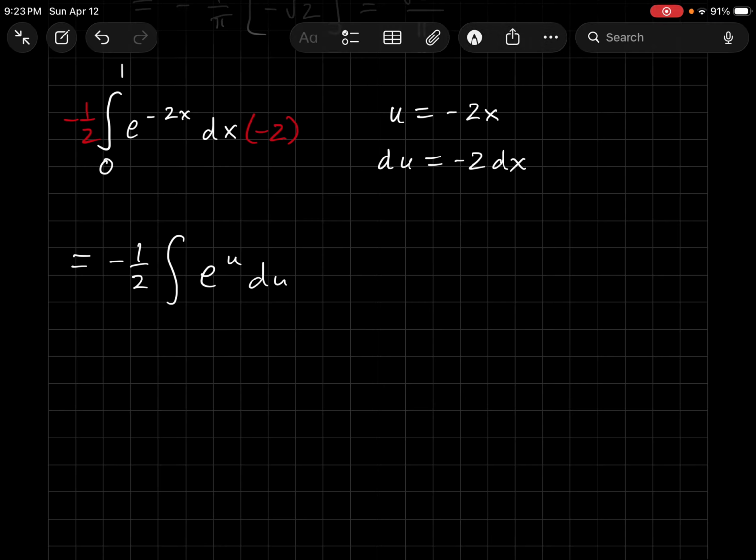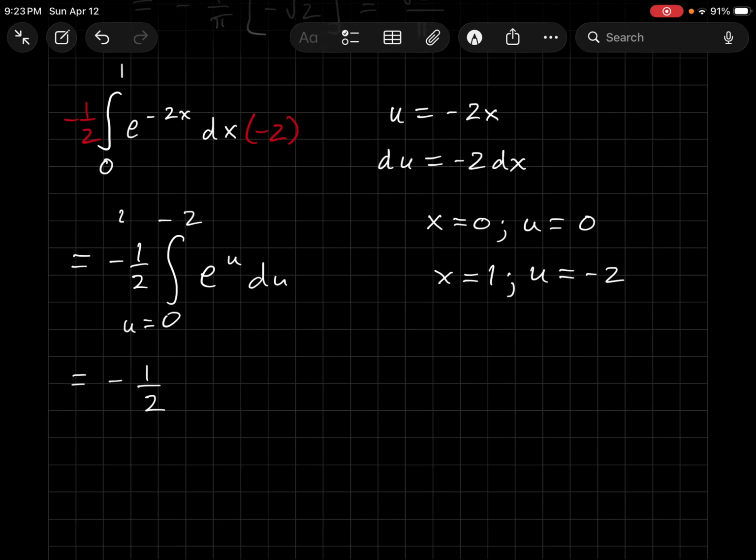Oh, we still need our limits. So when x equals 0, u is 0. Okay, that's good. When x equals 1, u equals negative 2. So my limits change. Well, the bottom limit doesn't change, but they become 0 to negative 2. Now we find the antiderivative. So these are now in u's.